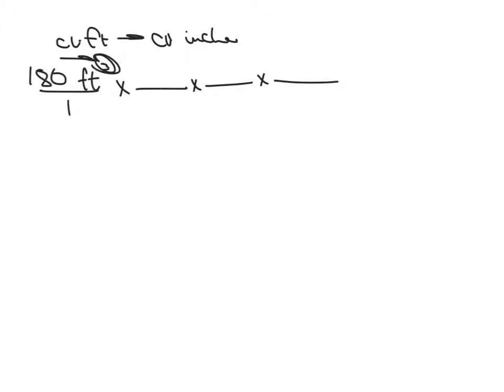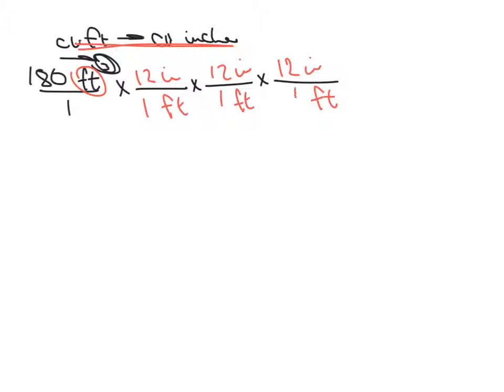And underneath the line, since we have feet up there, we put feet down here under all 3 of these. Do we know anything about feet and inches? Yes. There are 12 inches in 1 foot, and we just do that 3 times. And when it says 3-unit multipliers, that's what it means. We're using 3 lines there.